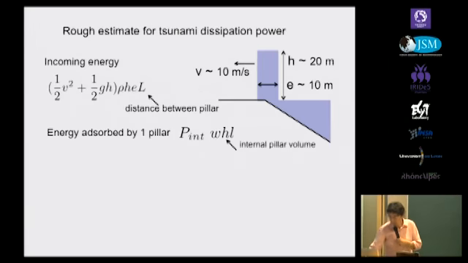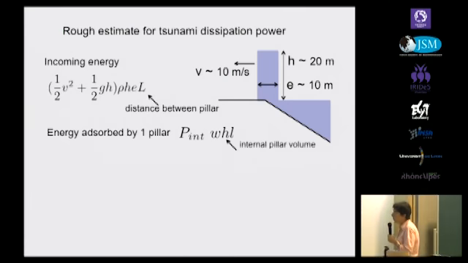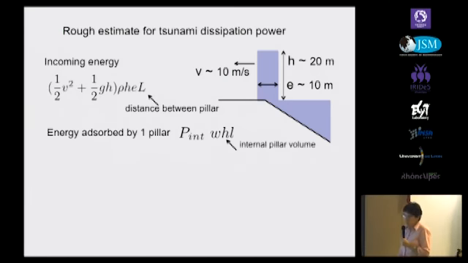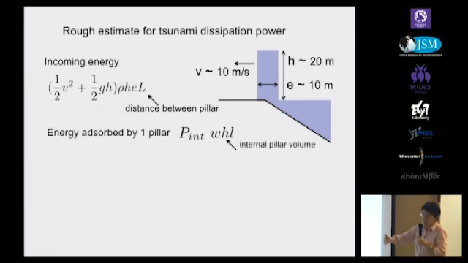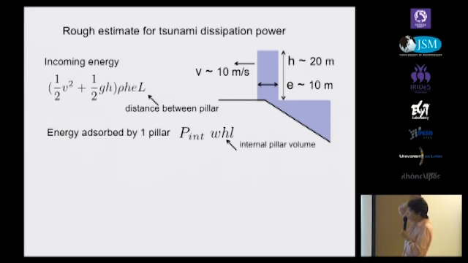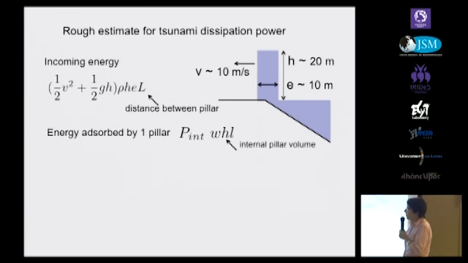So we can make a very rough estimate for tsunami dissipation power by considering a wave 20 meters in height, 10 meters in thickness, that would be the peak of the wave, and a propagation velocity of 10 meters per second. And we could consider the incoming energy in terms of the kinetic energy and the potential energy of this wave.